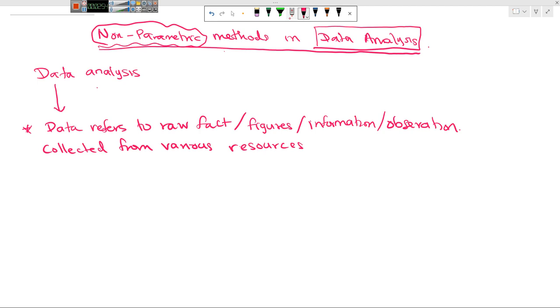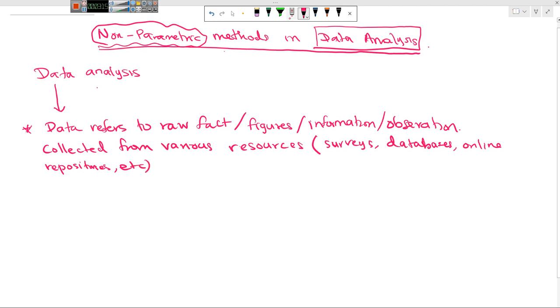collect the data from, right? So we can collect the data using surveys, databases and online repositories, etc., right? And what is the purpose of collecting data, right?